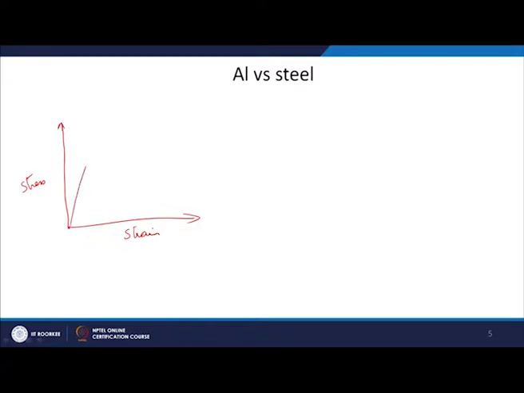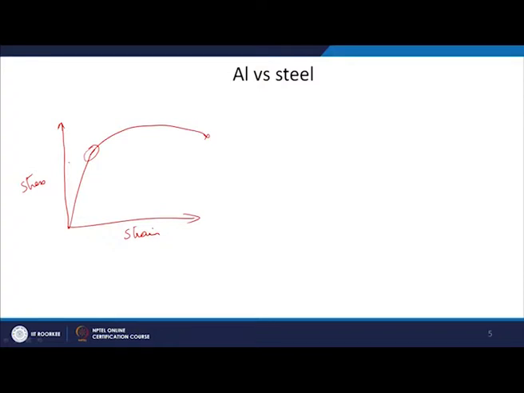You have an elastic part, then somewhere the yielding will take place and the plastic part, and you have fracture somewhere here. This is one type of curve. Now the problem in this particular curve is that you have a linear elastic part and then a non-linear plastic part, but where this transition takes place, I am not sure about that point where the yielding in the material has started.